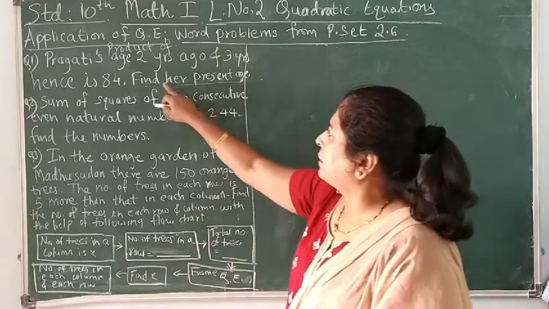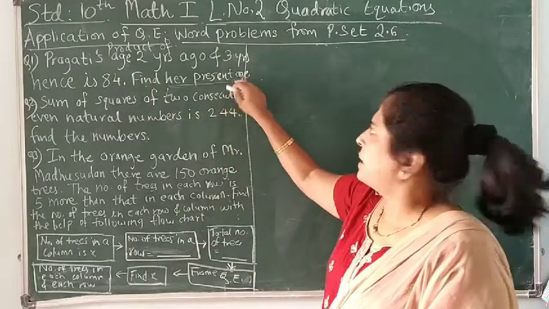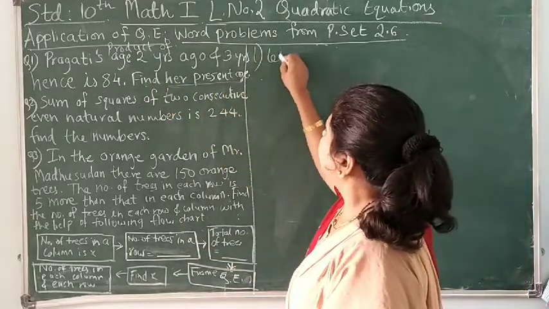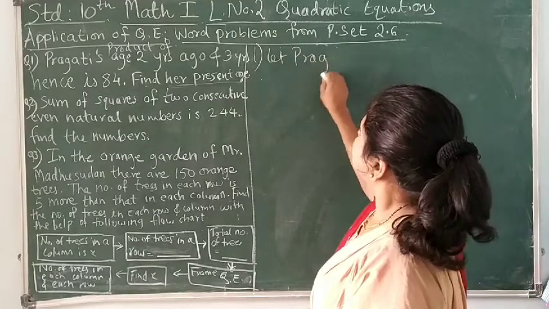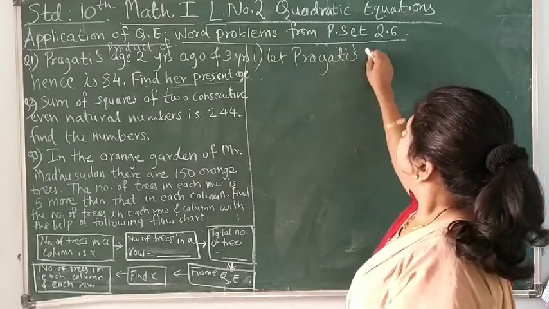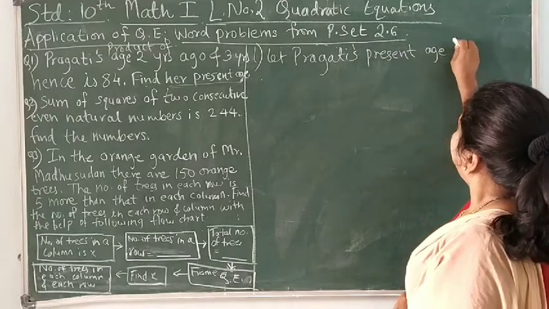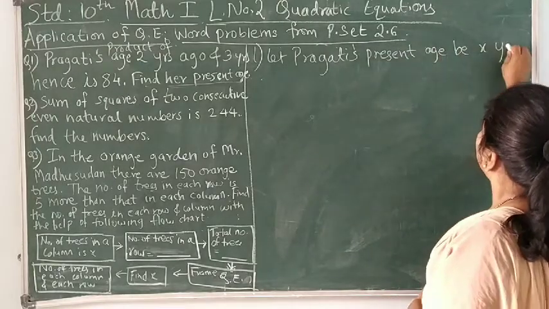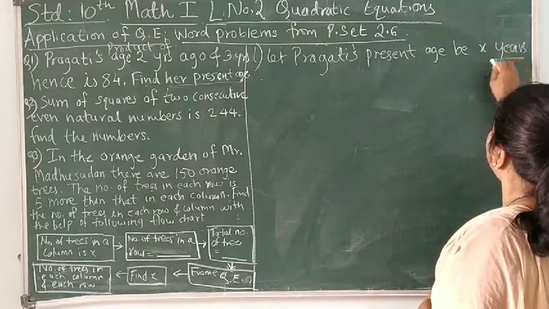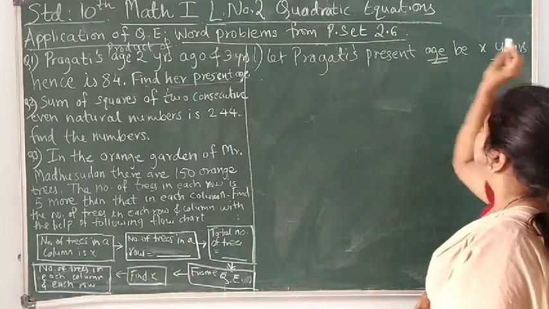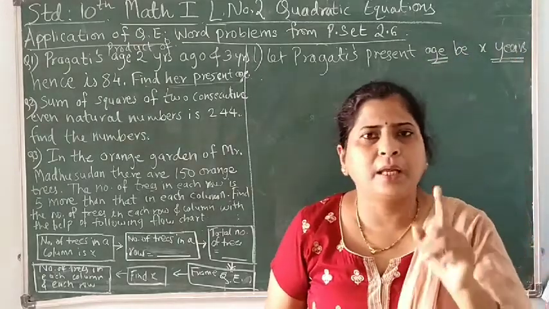Now we will take her present age to be x. So we will write, let Pragati's present age be x years. As it is age, we have to write years along with the variable x.